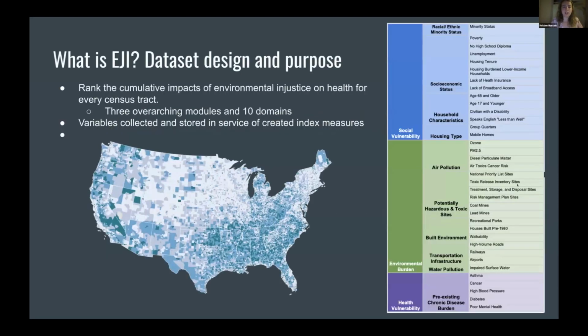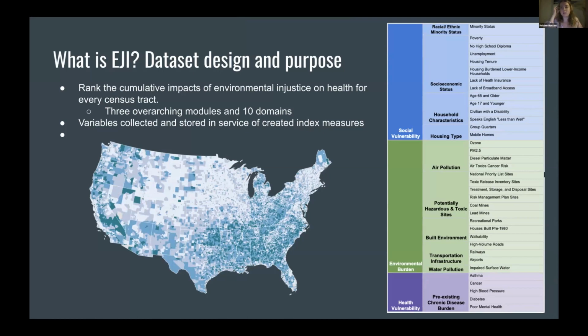What is EJI? The dataset design and purpose is a little bit like an American Community Survey. It's a way to have environmental burden, social vulnerability, and health vulnerability linked to census tract and census information. This is to rank cumulative impacts of environmental injustice on health.